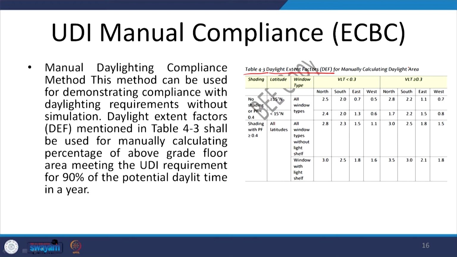Now, depending upon the type of the window, the latitude of the place where these windows are being designed, and for different orientations, along with the projection factors of the shading which has been provided, and also the selection of glass depending upon the VLT less than 0.3 and greater than 0.3, the DEF values are given in this table. So, for each window separately the DEF will be calculated or found out from this table as per ECBC.